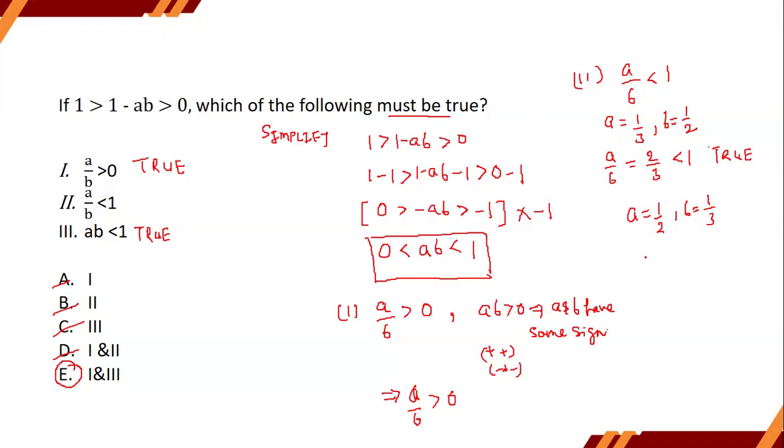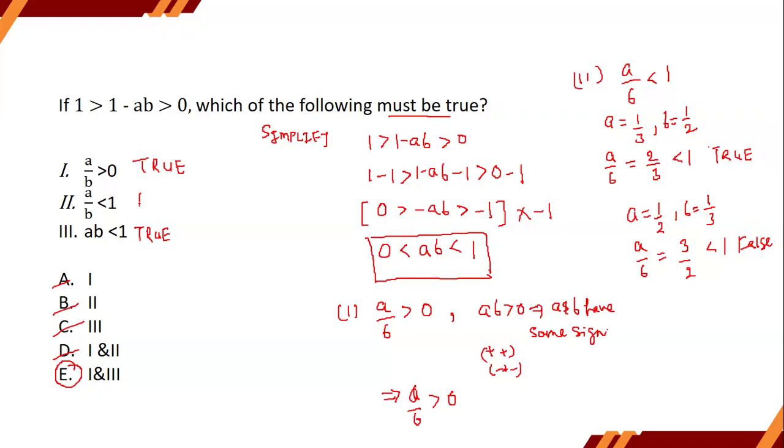1 by 2 divided by 1 by 3, which will give us A by B equals 3 by 2. Now 3 by 2, is it less than 1? No, it is not less than 1. So that means this is false. The moment it becomes false, we know that A by B is less than 1 is not always true.